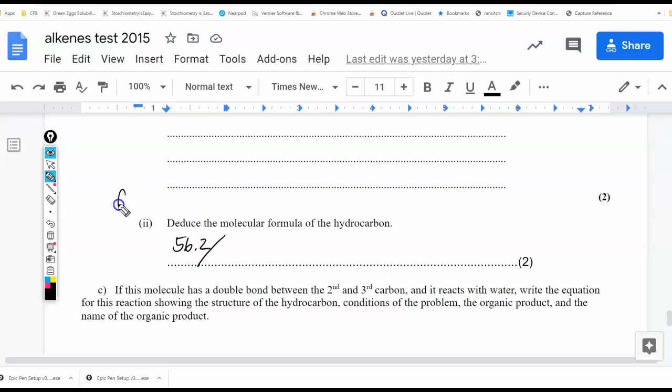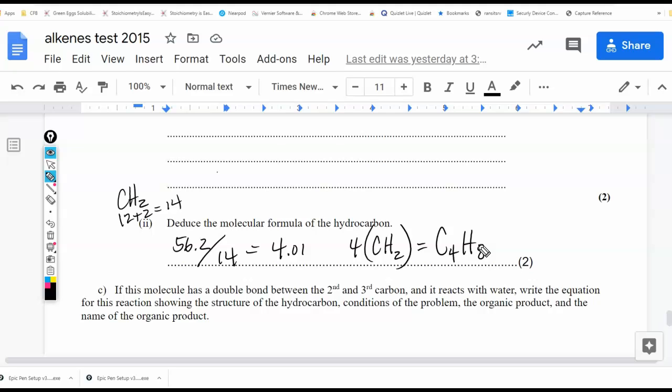And my original empirical formula is CH2, and we're going to divide that by the empirical formula mass, which is 12 plus 2 equals 14. So 56.2 divided by 14 is going to give me 4.01. So that means that 4 times CH2 is going to give me C4H8. That is my molecular formula.